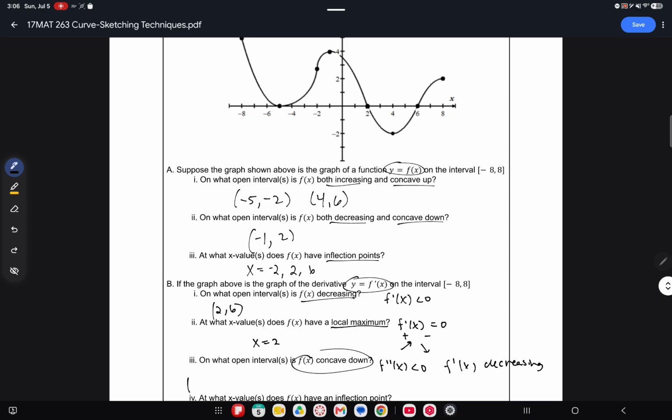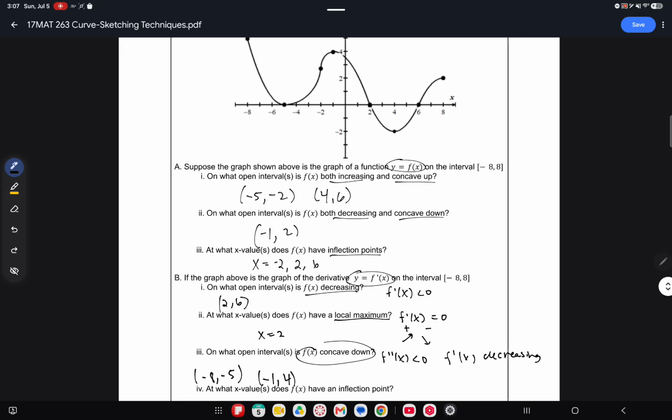So that's going to happen right here from -8 to -5. And then positive slopes, and then negative, so -1 to 4, negative slopes all the way to 4. And the rest are positive slopes.